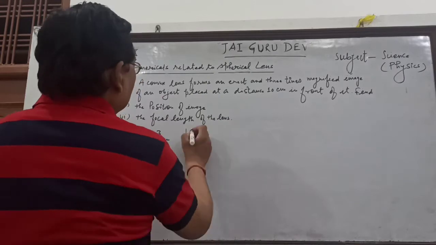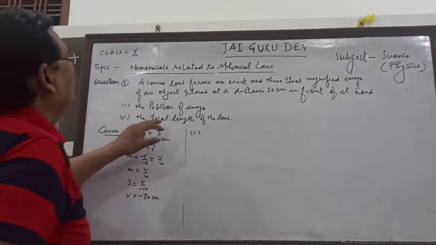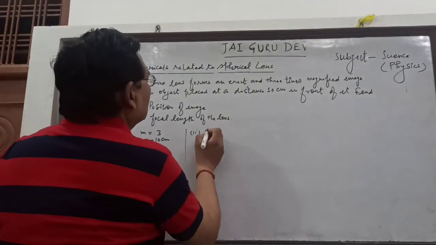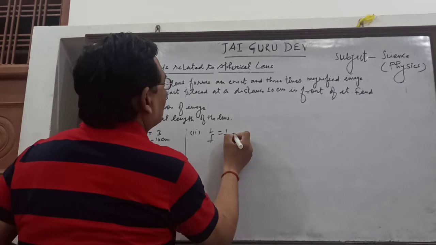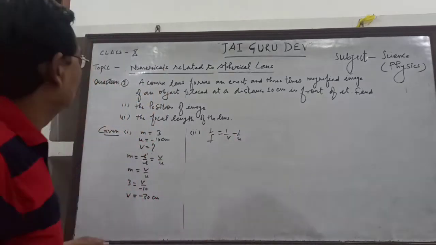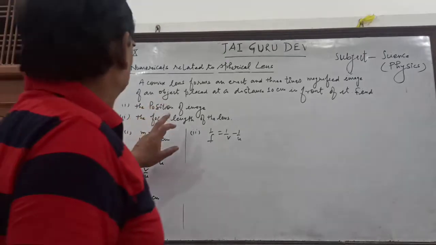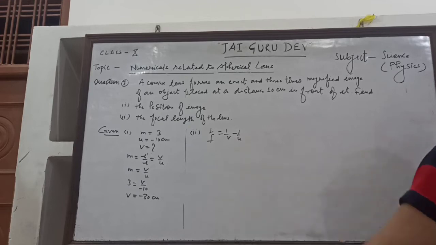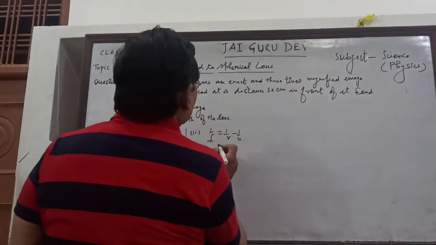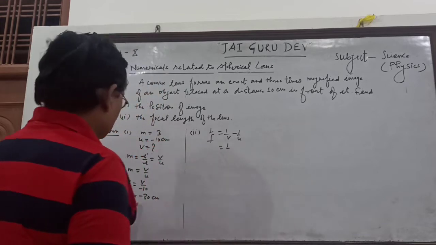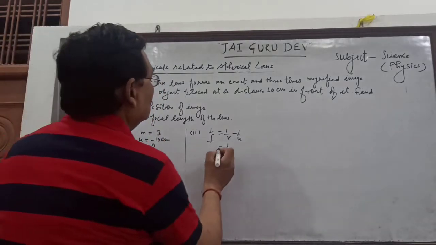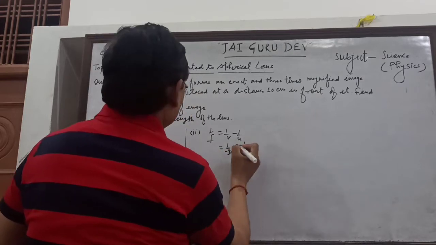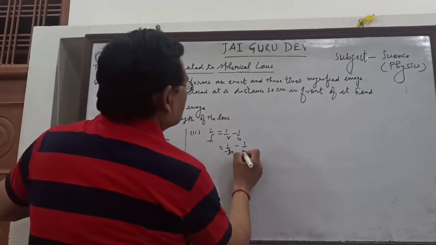Now, second part, the focal length of the lens. So we write the lens formula. 1 upon f is equal to 1 upon v minus 1 upon u. 1 upon v, that is minus 30, minus 1 upon u, minus 10.